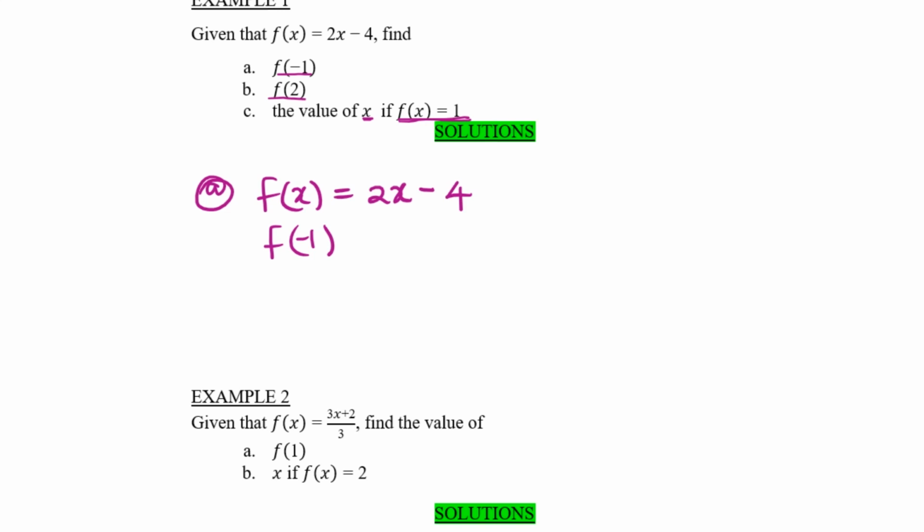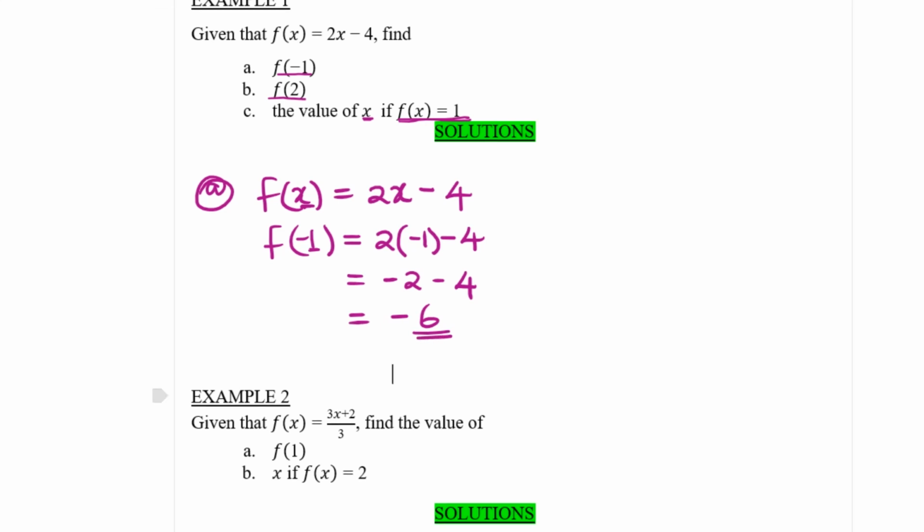So where there is x, here we have replaced x by negative 1. So even here where there is x, we'll replace by negative 1 minus 4. So we'll say 2 times negative 1 is negative 2 minus 4. And negative 2 minus 4 will just give us negative 6. We are done for question A.